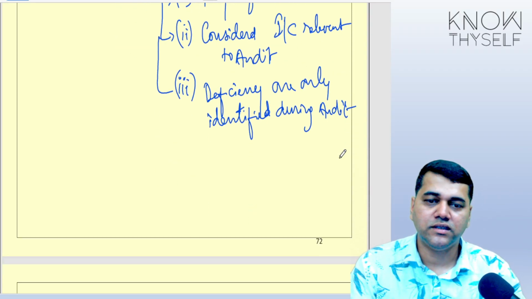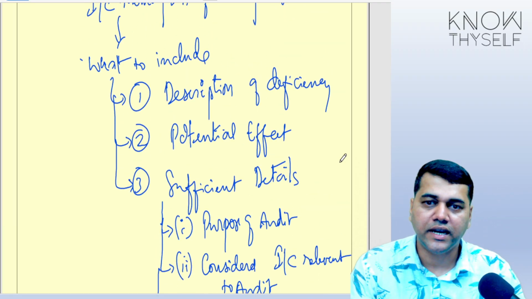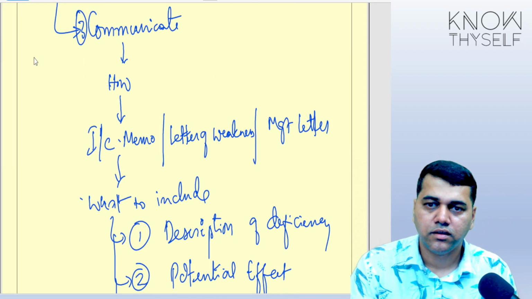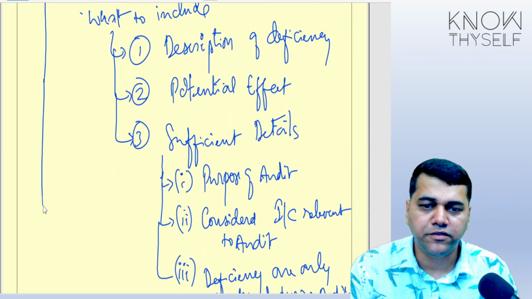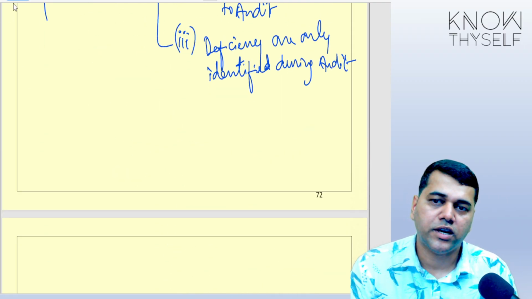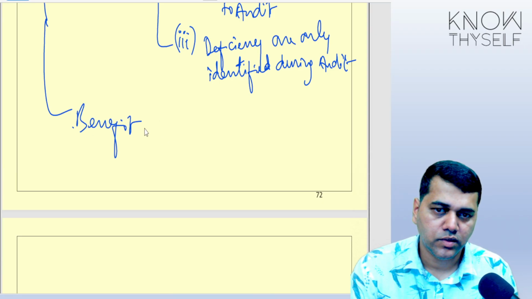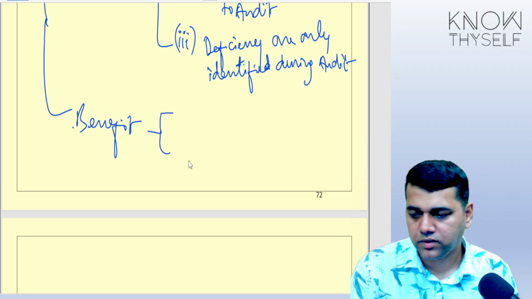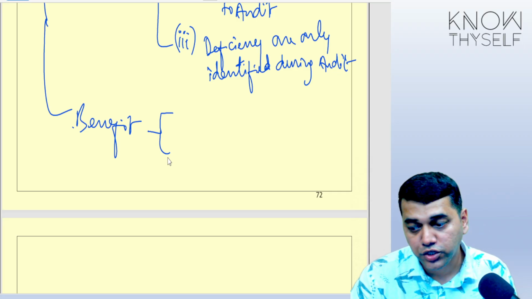The last question there can be, what is the benefit? Okay, I can add here. After you communicate, what is the benefit or advantage of this communication? There are two benefits, or reasons why this communication is important.